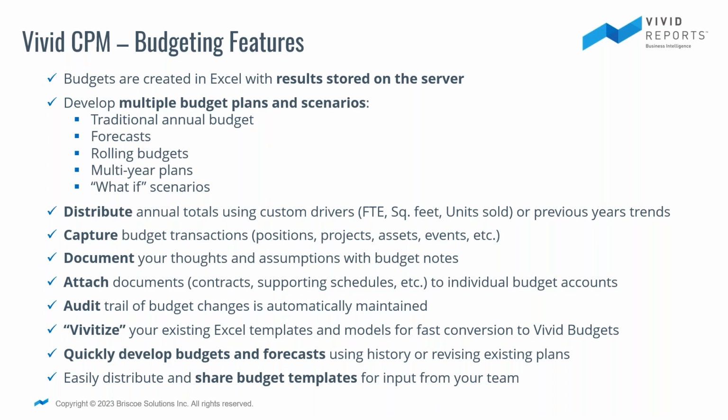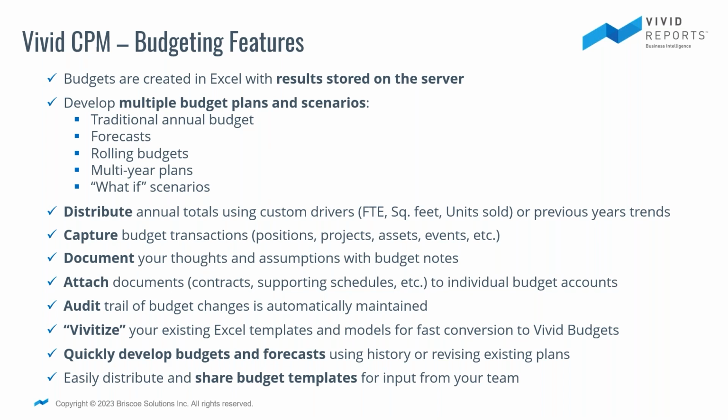You can replicate your budget master input sheet across as many departments as you like very quickly. We keep track of all the changes that have been made to the budget. We allow you to attach your notes or your assumptions to the budget.